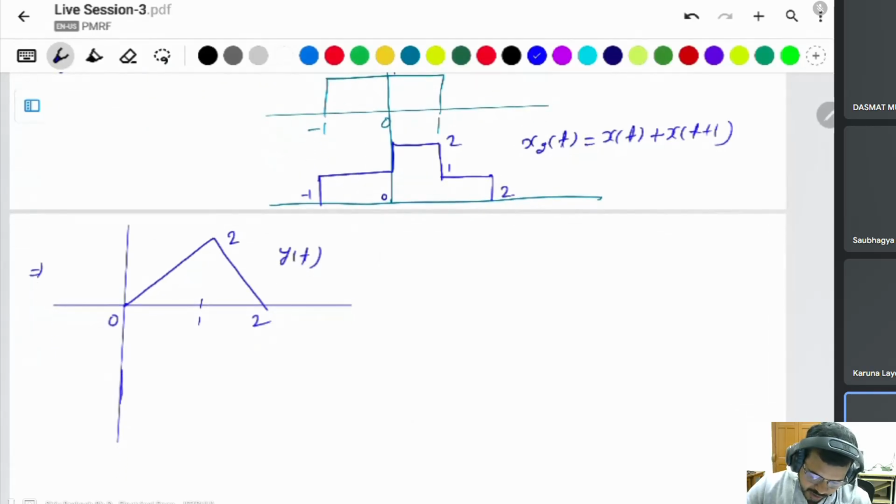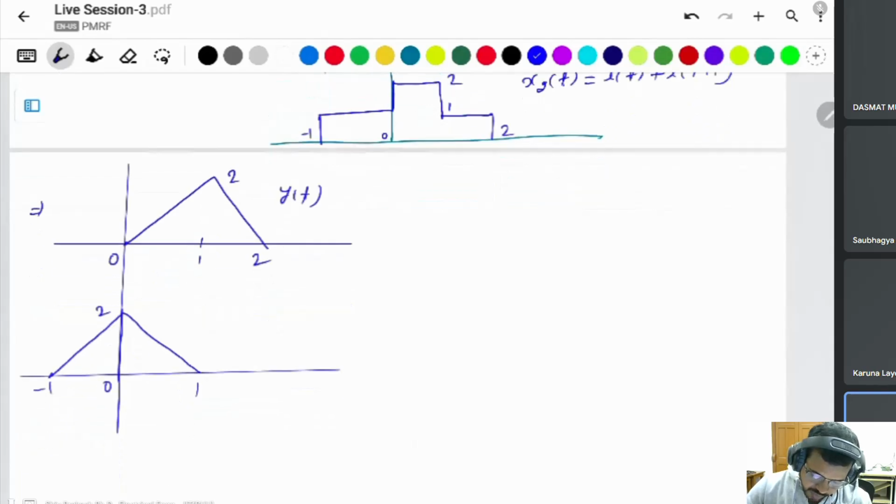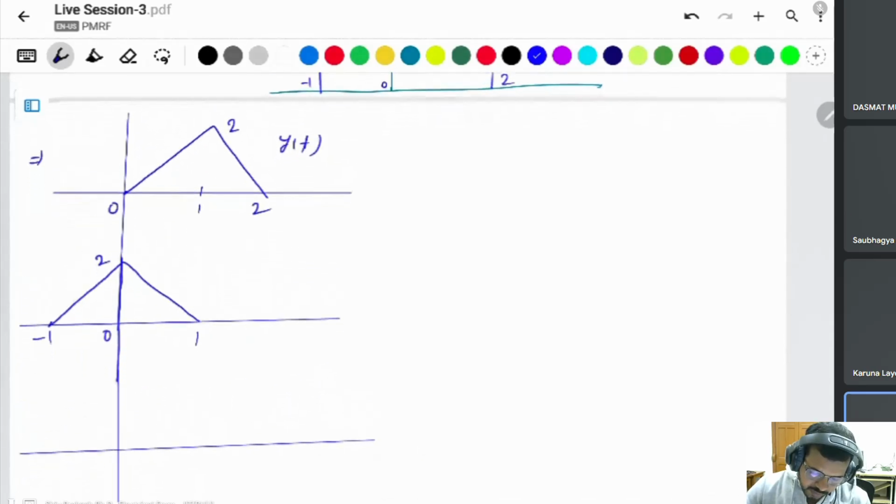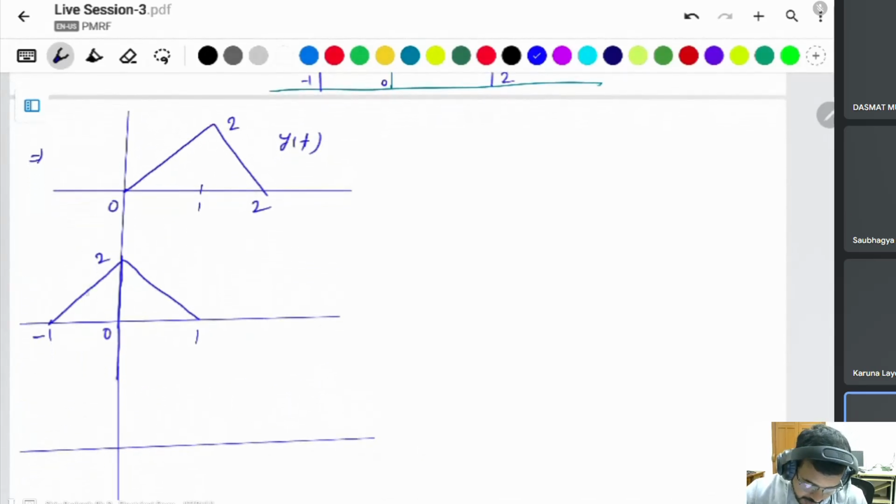It means this will be shifted to the left because this is the advanced signal. -1, 0, 1, 2. We have to add this one. This will start from -1, 0, 1, 2. Started from -1, the same slope, and goes to 2.